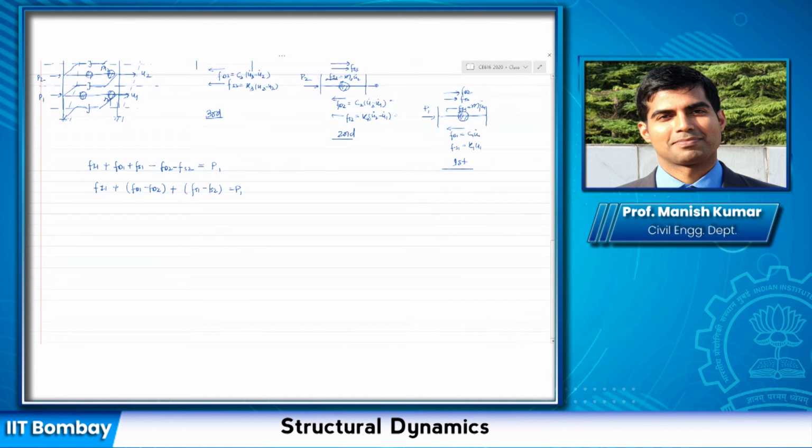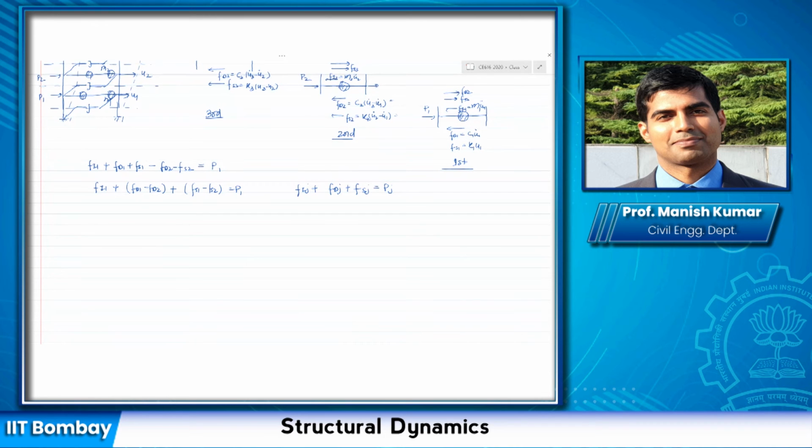Okay, so I'm writing it for a particular story, the first story, but for any general story, let us say jth story, the equation would again be of similar form. It would be of form Fij plus, let us represent the damping term Fdj plus Fsj equal to Pj. Okay, and this is of the similar form that we had derived for single degree of freedom system as well. There is not much difference here.